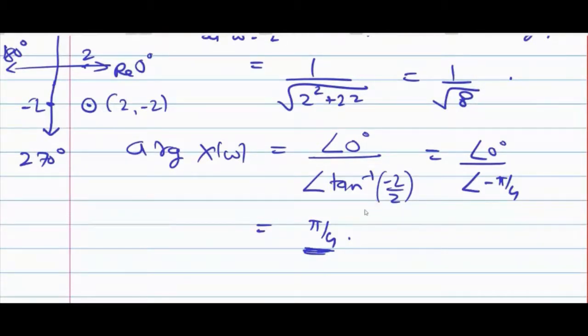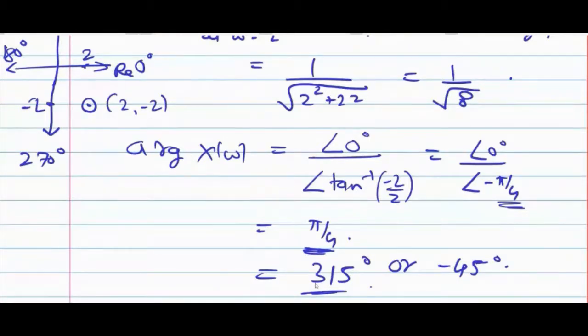So the answer here is pi by 4, and between 270 and 360 the answer will be 315 degree. The correct answer for the argument is 315 degree, or minus 45. This point I will cover in today's lecture: what will be the angle depending on the coordinates.